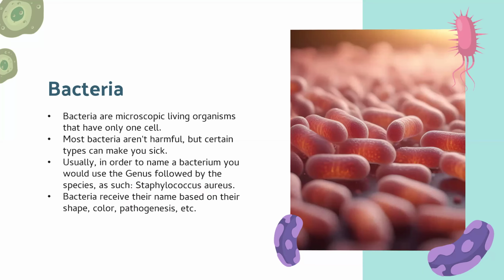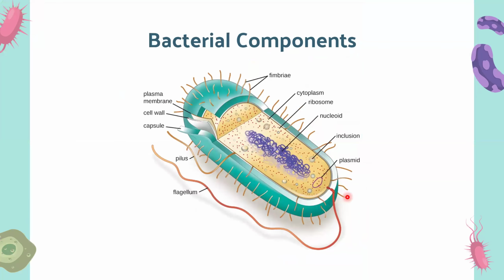All right. Taking a closer look at a bacterial cell, we can see that it is composed of a lot of different things. Starting from the outside inwards, we have this capsule, okay? Now, something to keep in mind is that a capsule is not always present.